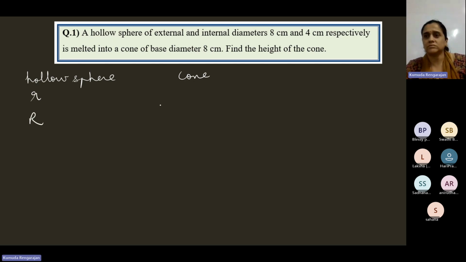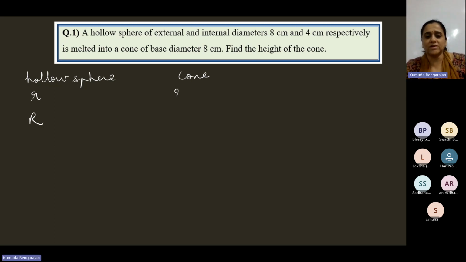And for the cone? Normally, what do you need for a cone? Radius and height. Height and radius. Yeah, yeah. Height. No, this will be only volume, equating volumes.